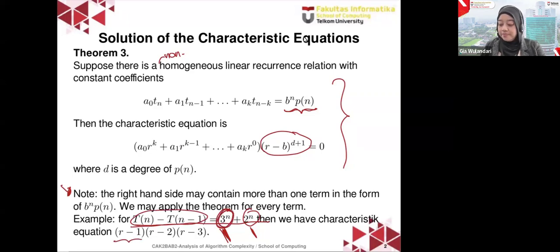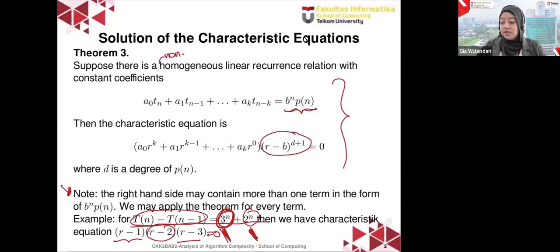From the first term on the right hand side, we will have r minus 3, because b is equal to 3 and d, the degree, is equal to 0. And from the second term of the right hand side, we will have r minus 2. Okay, so the characteristic equation will be r minus 1, r minus 2, r minus 3 equals 0.